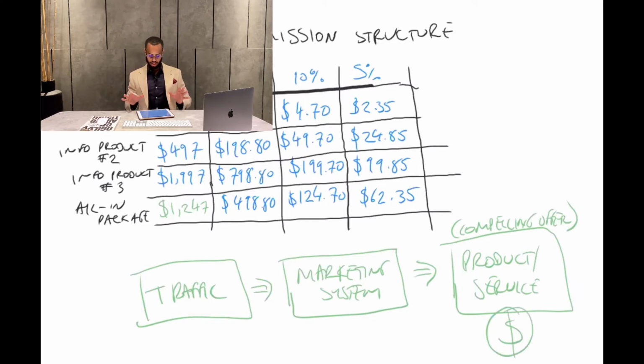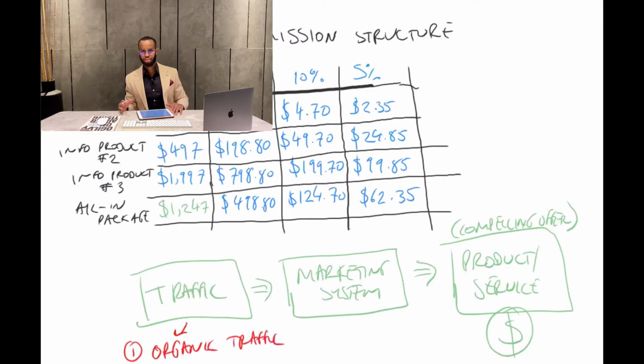Now, in order to get traffic in, there are two ways. Number one, organic traffic. That means free traffic, traffic that you don't pay for financially.